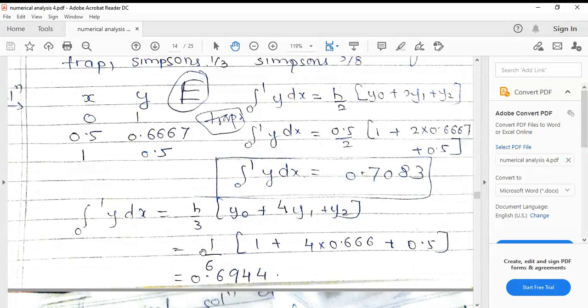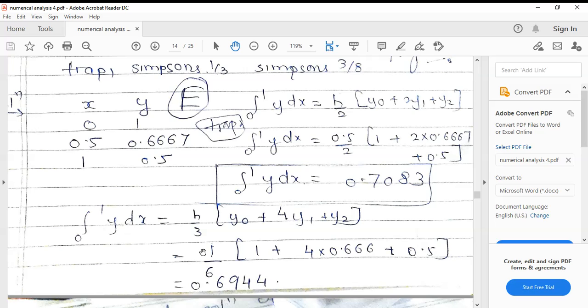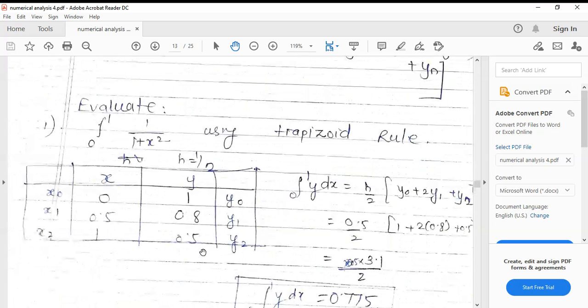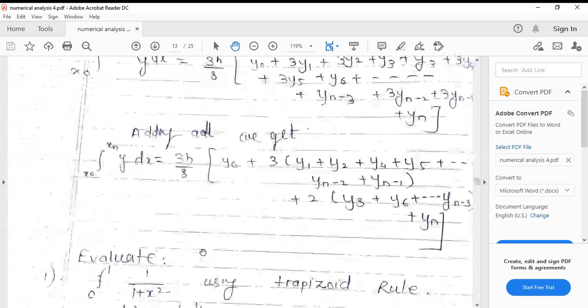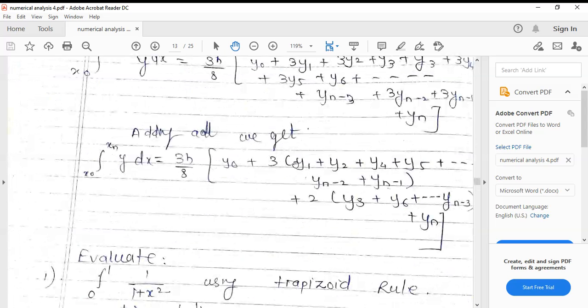You can calculate similarly for Simpson's 3/8 rule. Whatever values we have, x naught, x1, x2, y naught, y1, y2, use those values in Simpson's 3/8 rule after putting n equal to 2.